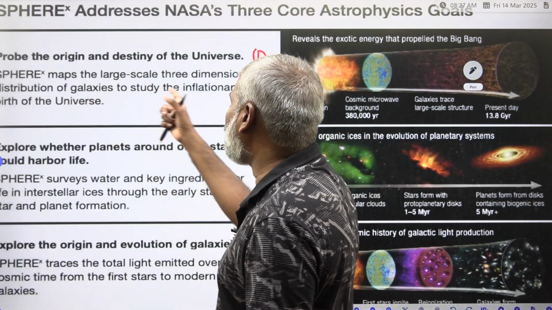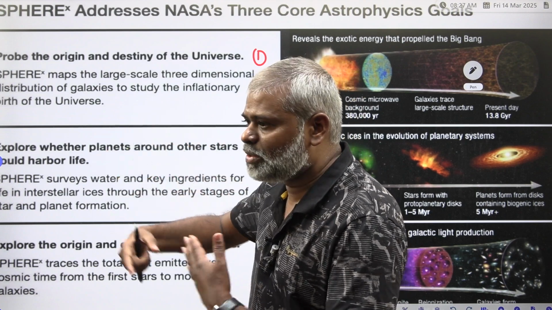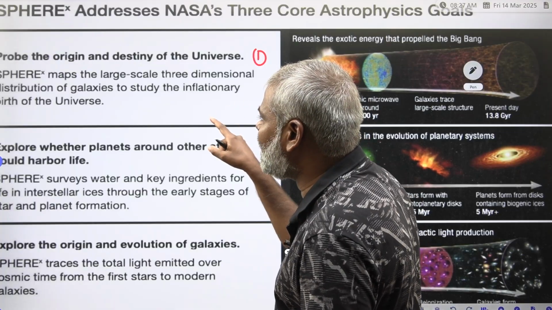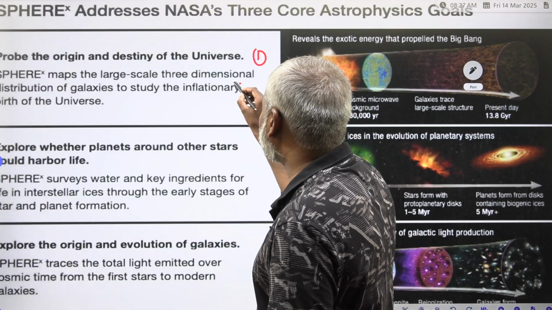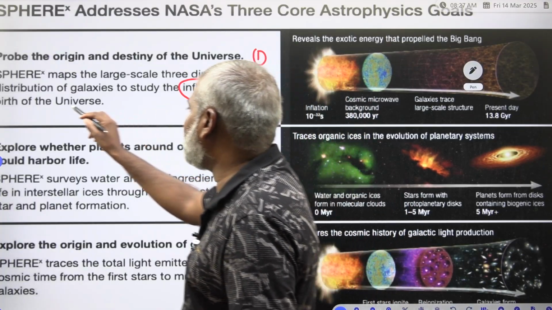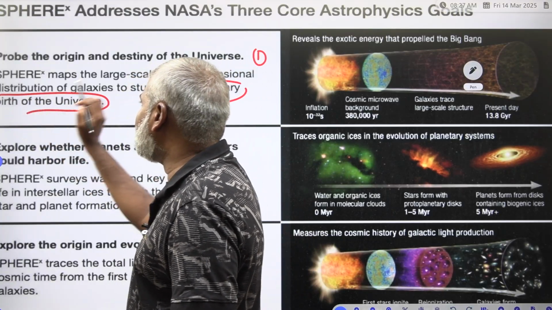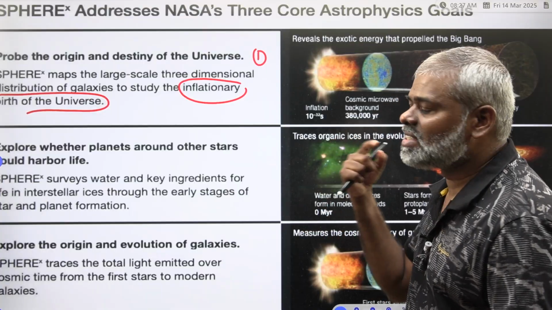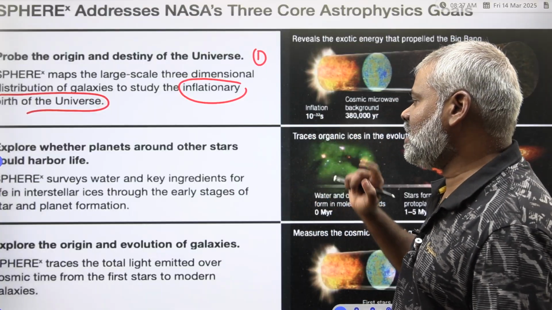SPHEREx maps the large-scale 3-dimensional distributions of galaxies to study the inflationary birth of the universe. What is the first goal? Probe the origin and destiny of the universe. So that is the first goal.